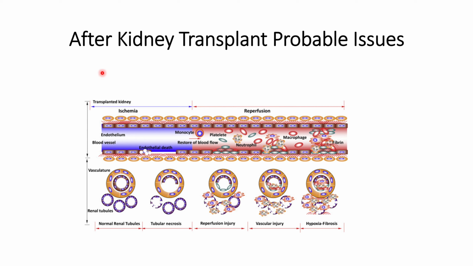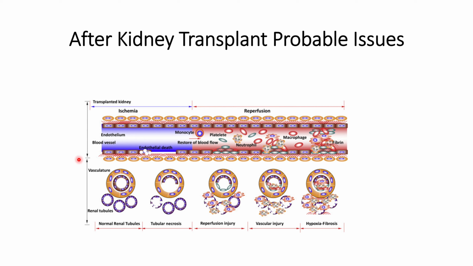After that, reperfusion means restoring the supply of blood. After some duration of ischemia, during reperfusion, the organ might face some problems. In the case of the kidney, during ischemia reperfusion, the pro-coagulant factors get enhanced.